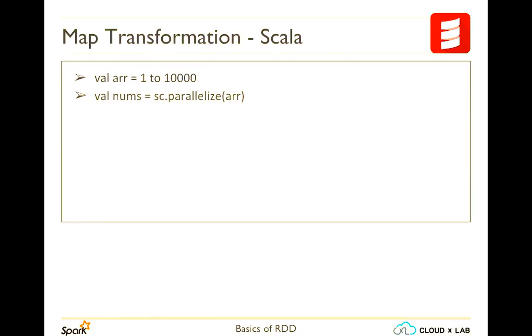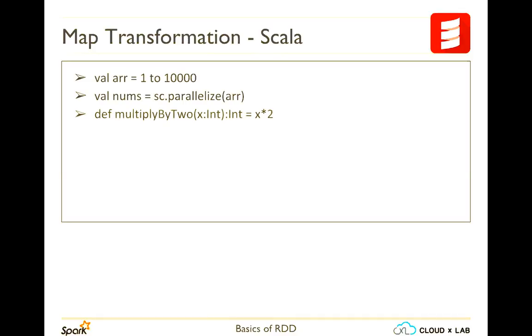Array is a data structure in Scala, and nums is an RDD here, which is a data structure provided by Spark.